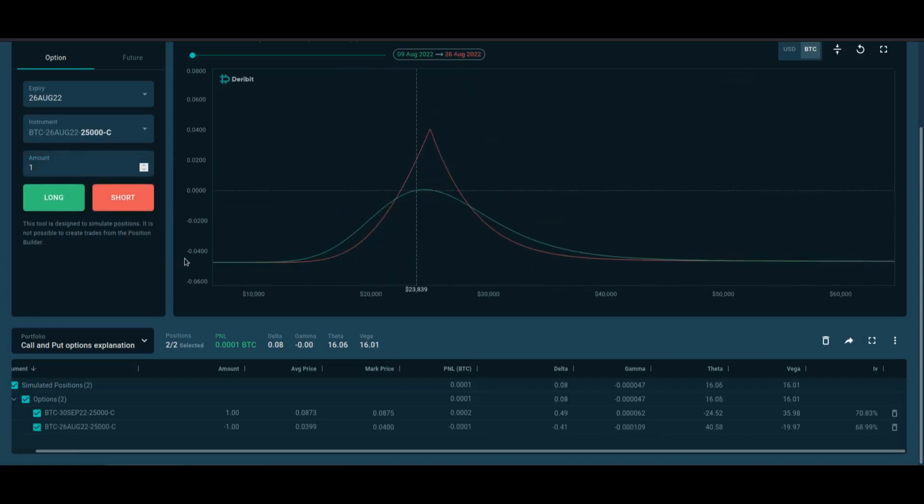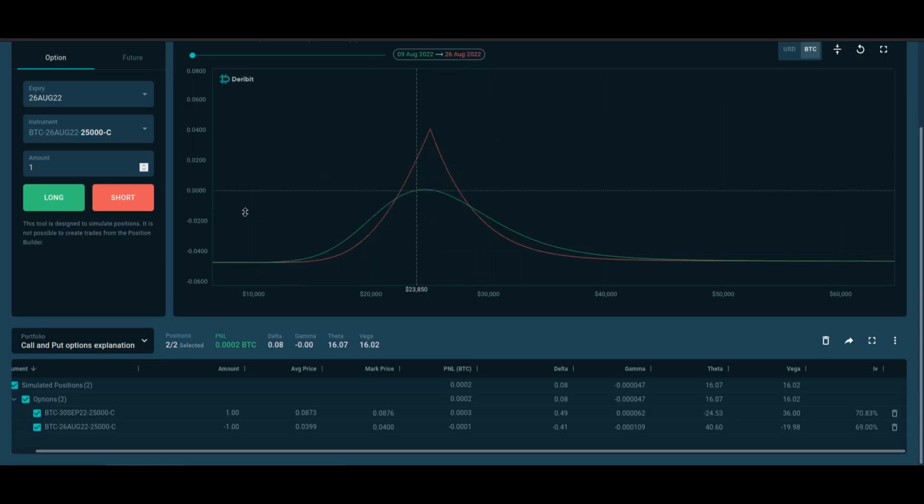So here we are. We will get the following situation. In case the price expires on the 26th of August at the same strike as we shaped it, 25,000 here, we will get some profit. Hope we'll get some profit.